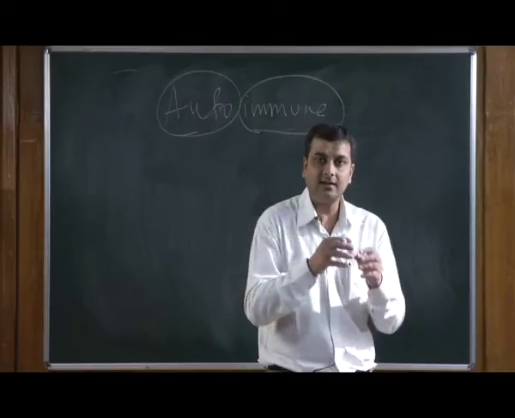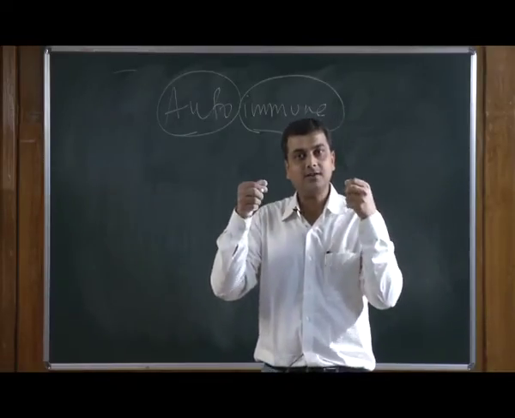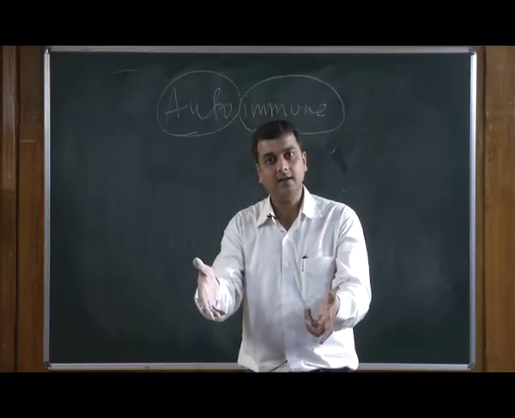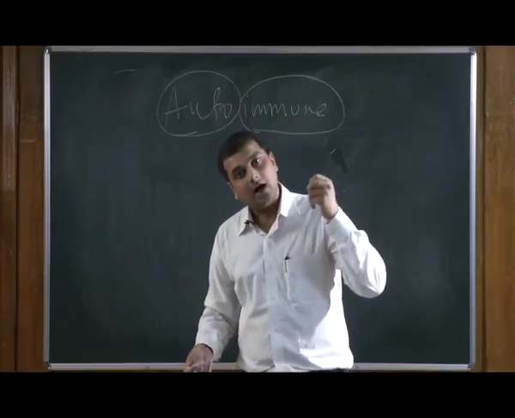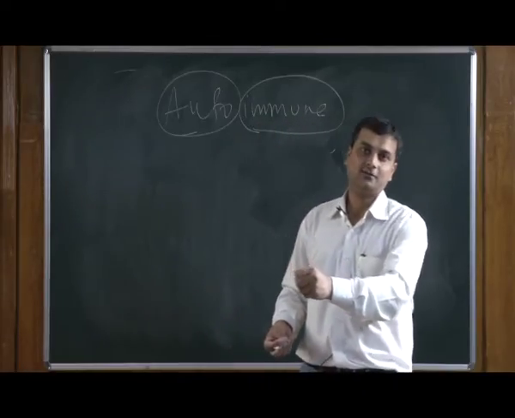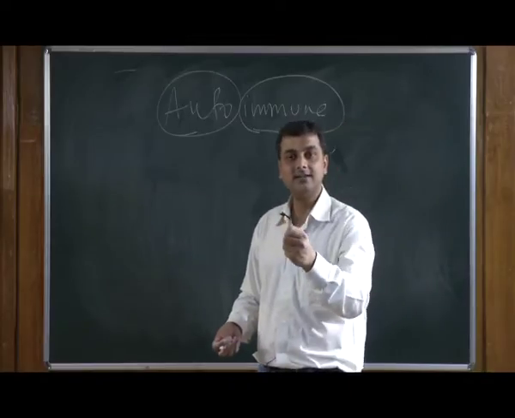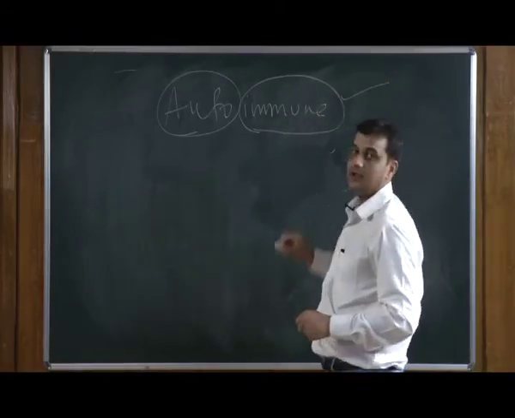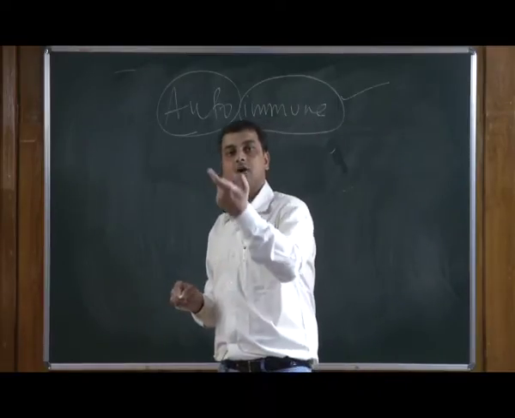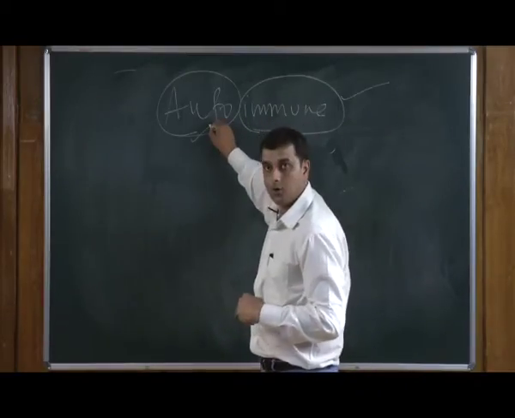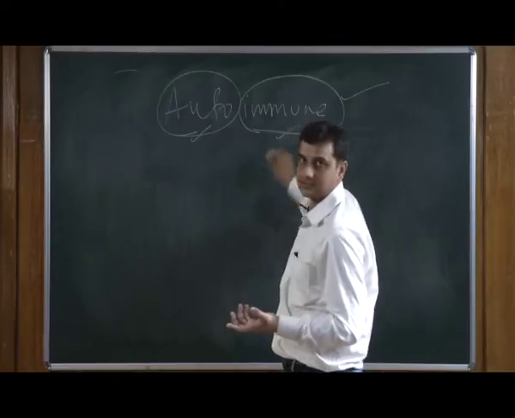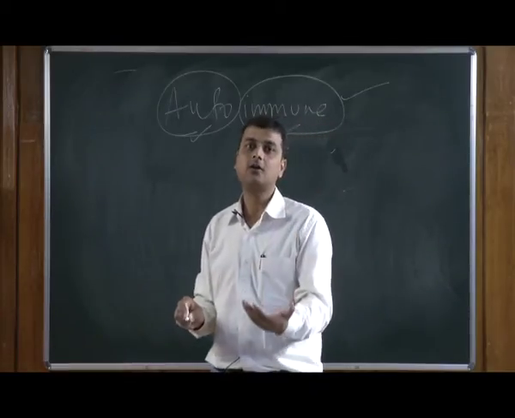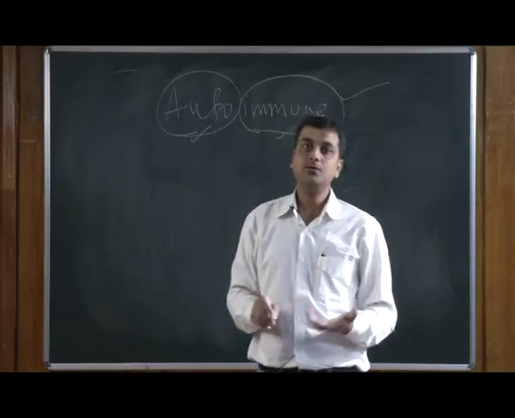Since there is nothing where that immune response can go and target, the body creates its own cells as a target. So, the body's immune response is destroying its own cells, and all those disease conditions which come because of our own immune system are called autoimmune diseases.